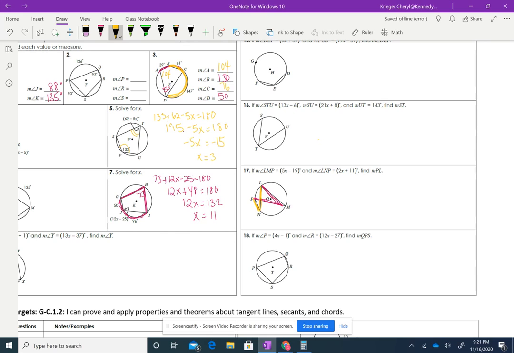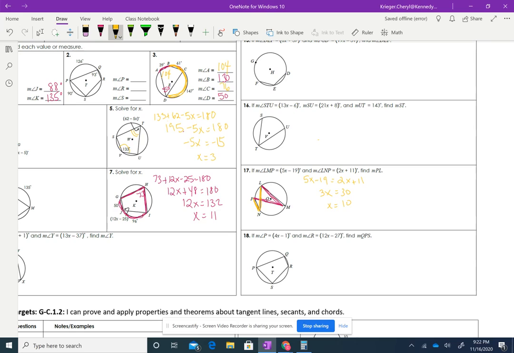So that means that we can set them equal to each other to find x. 5x minus 19 equals 2x plus 11. I'll subtract 2x on both sides and add 19 to both sides. x is 10.